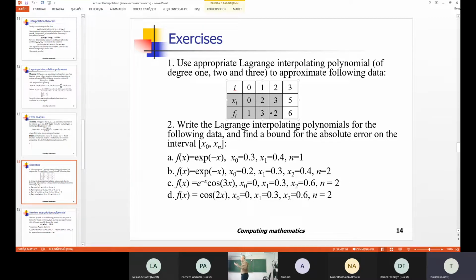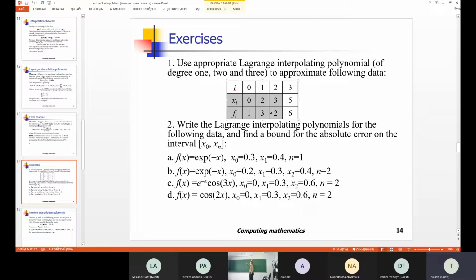Write a polynomial of degree 2 using this form. The form of Lagrange interpolating polynomial, P2 of x. How to do it?